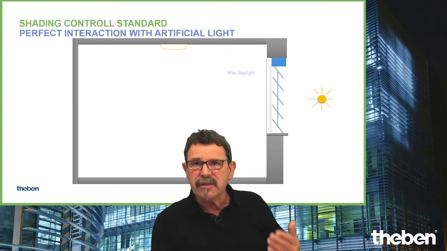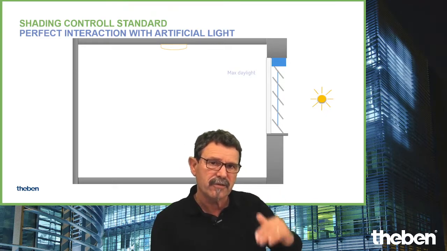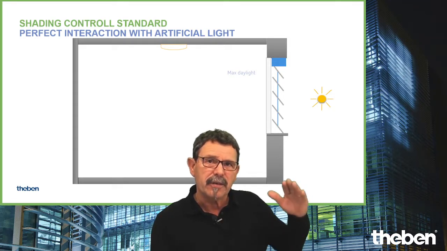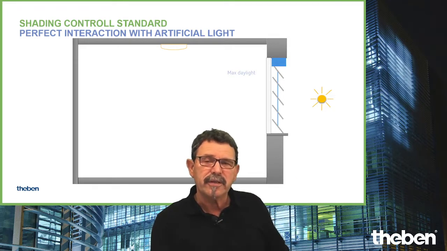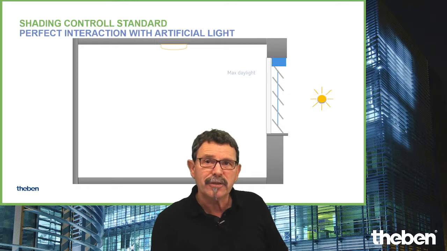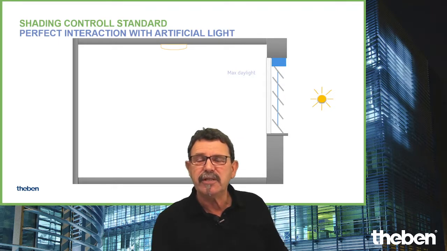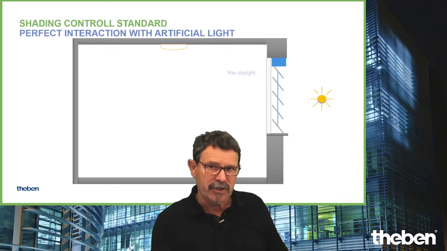The sun is rising, so the sensor discovers, okay, we have reached this threshold, and then the blinds move down and turn the slats to the reasonable position which you have preset in the application, in order to protect the room, avoiding that the temperature inside is increasing too much.